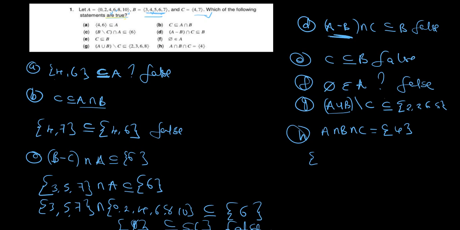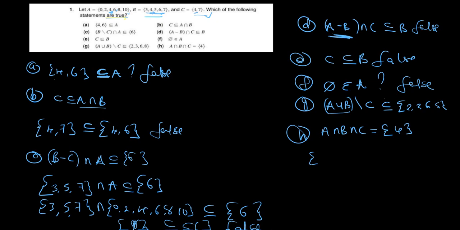So we do A intersection B, which is 4, 6. In short, what is found in both sets: I can see 4 there, I also see 4 there, and also 4 there. So 4 is qualifying.